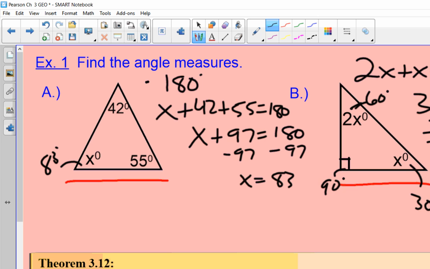Every triangle, all the interior angles equal 180. Okay? Now, if you get a right triangle, you know that one of the angles is 90, and the other 2 have to add up to 90 so that all 3 equal 180. Okay? So I could have set up this problem like this instead.